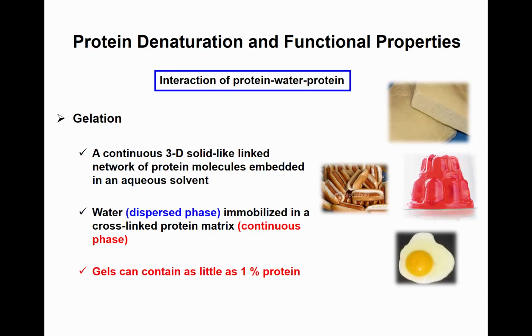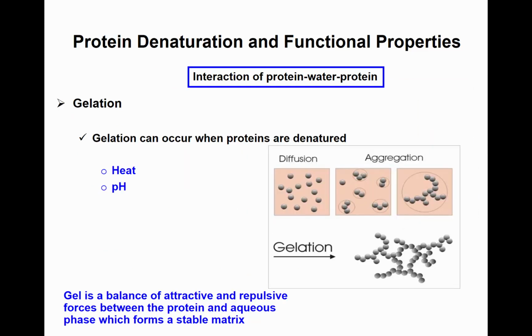So if we want to compare gels and form a gel as strong as a gelatin gel using whey protein, you might need 5% of whey protein or 10% of whey protein to get a strong gel similar to a 1% gelatin gel. So different proteins gel at different concentrations. Some are better gelating agents than others.